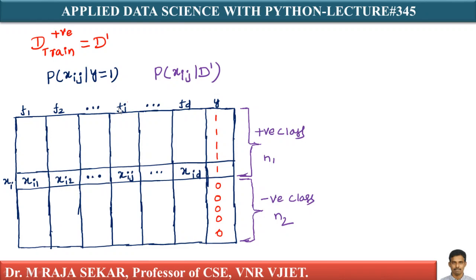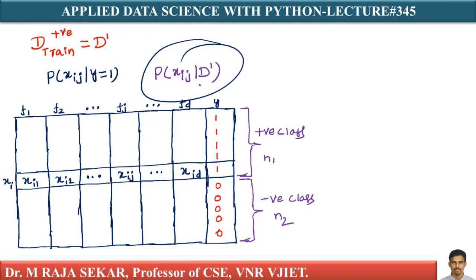Remember, I am not looking at the total data. I am only looking at positive class data. What is the probability of xij given D dash? It occurs only in my positive label data.